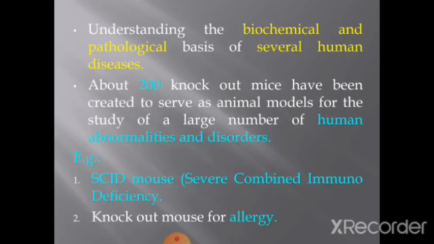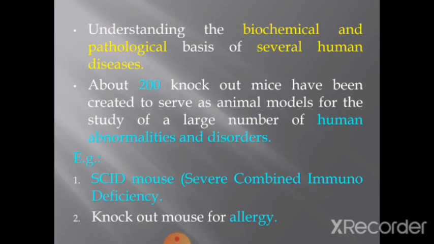Then it helps us to understand the biochemical and pathological basis of several human diseases. Students, to date, around 200 knockout mice have been created to serve as animal models for the study of a large number of human abnormalities.